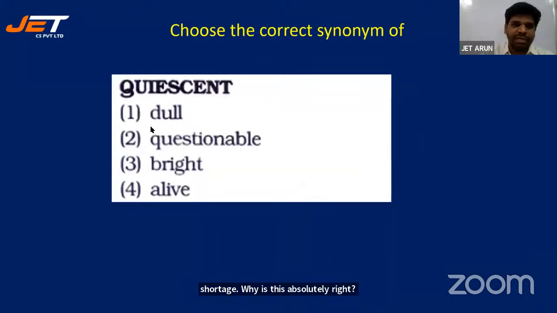Quiescent. Dull, questionable, bright, alive. Quiescent. Okay. One. Mahesh is right. Rakesh is right.